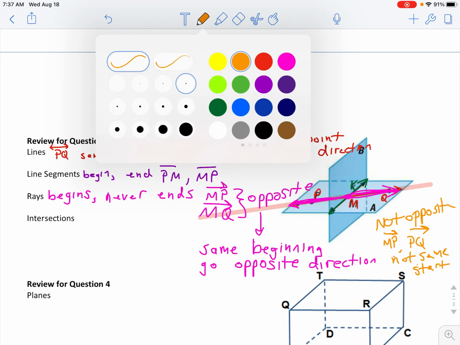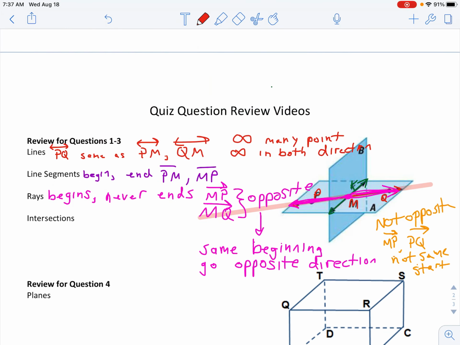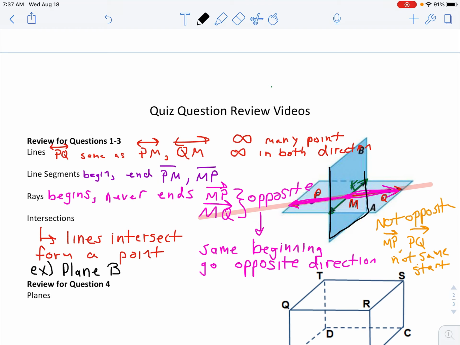And the intersections, when lines intersect each other, line segments, rays, even when a line intersects a plane, so oversimplified, lines intersect, form a point. An example of that would be, let's say, plane B, which is this plane kind of going in this direction right here.